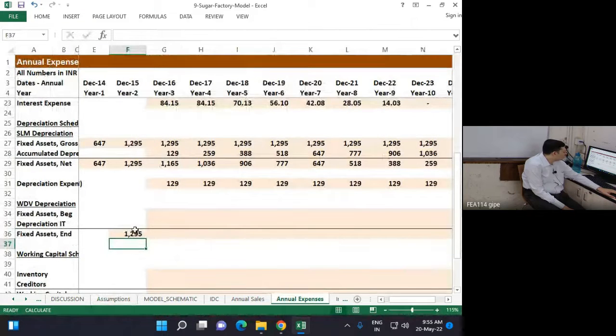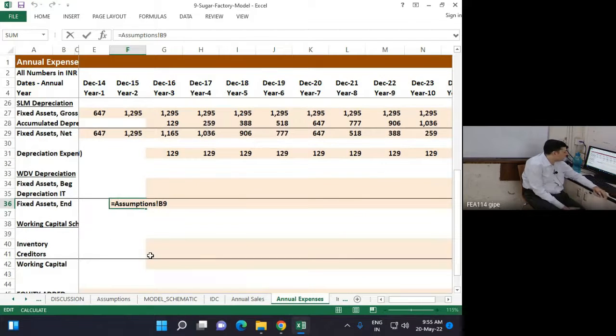So first, you try to make the WDV depreciation and I'll give you the starting point. Second year ending balance of fixed asset is to be taken from the assumption stage. That is the total project cost, 1295. Second year ending balance to be taken from 1295.